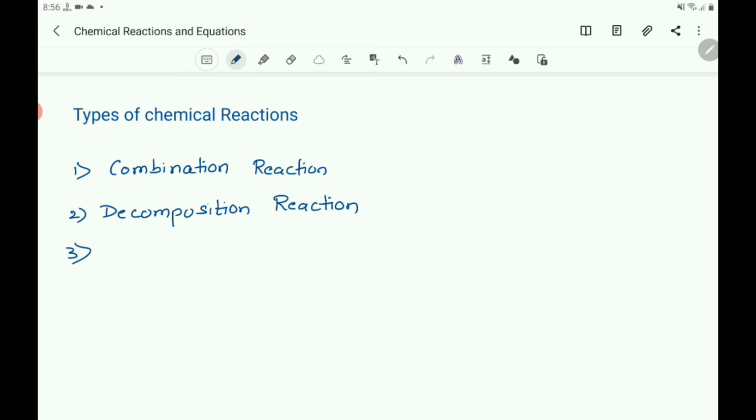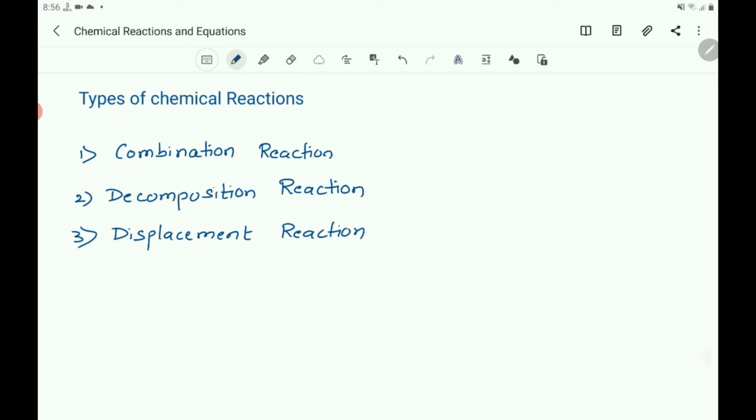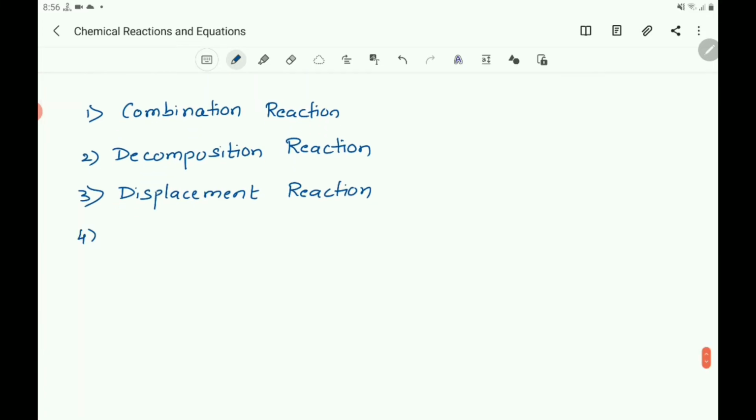Third one, that is the displacement reaction. Fourth one is double displacement reaction.